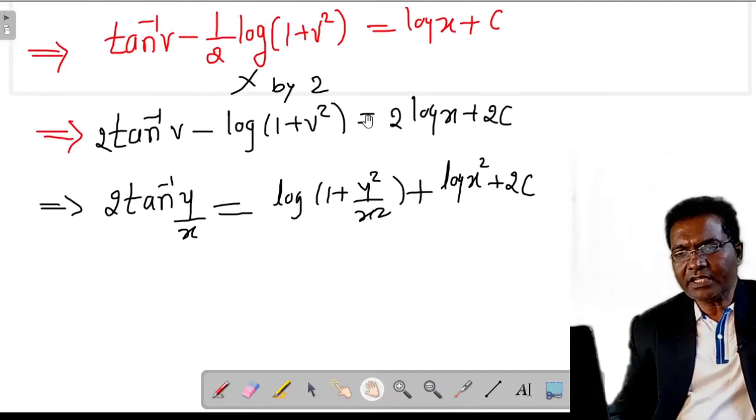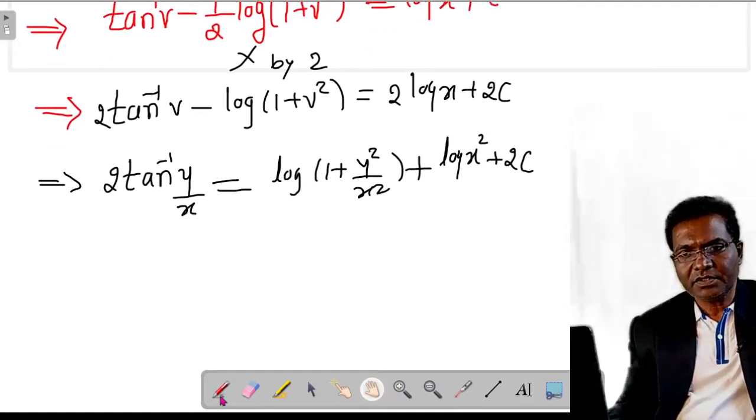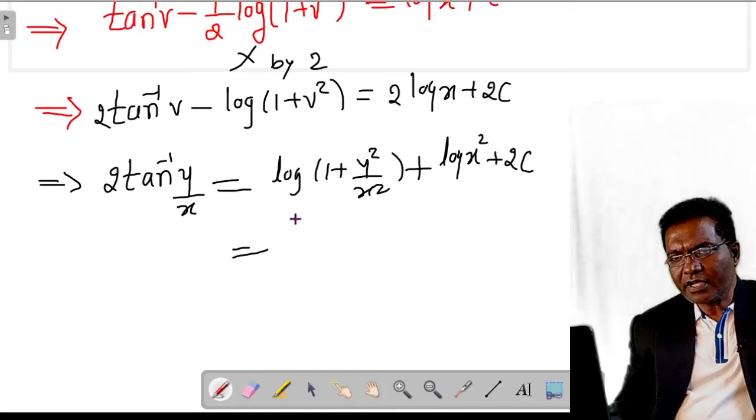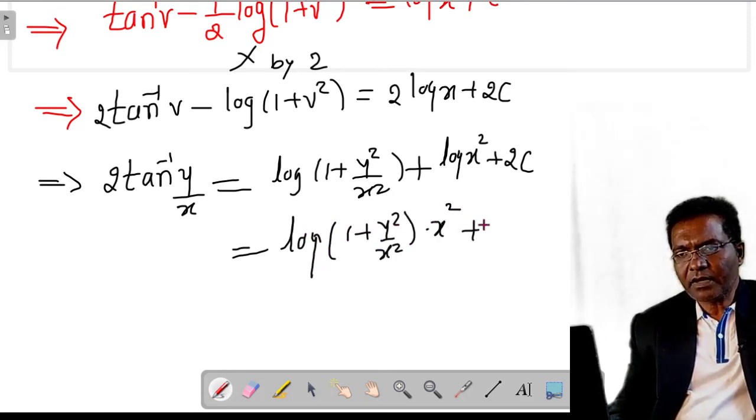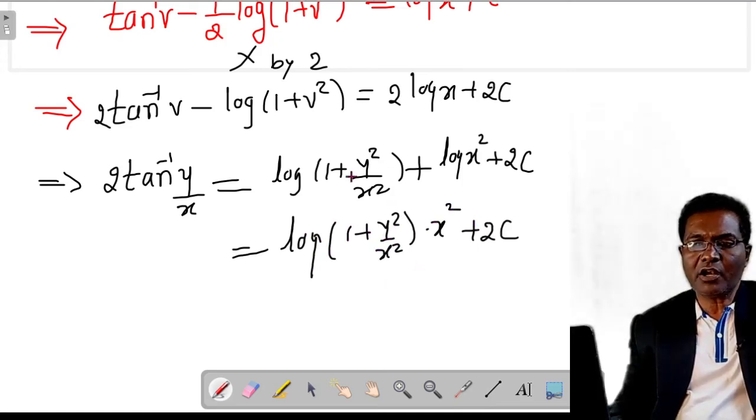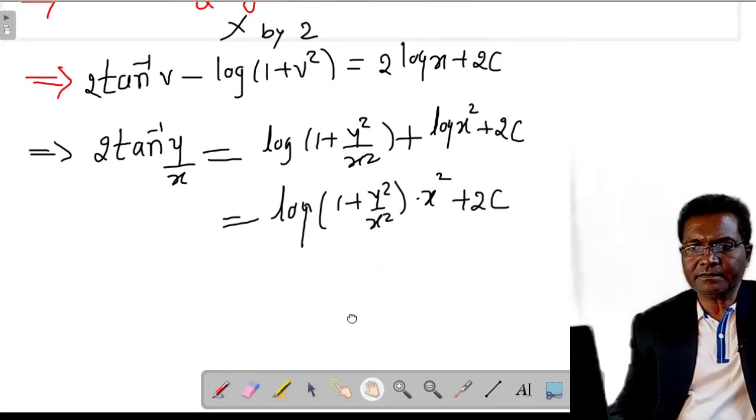Remember m log n is log n power m. So now we can write log m plus log n as log mn. So I can write it as log of (1 plus y square by x square) into x square plus 2c. Remember, log m plus log n is log mn.